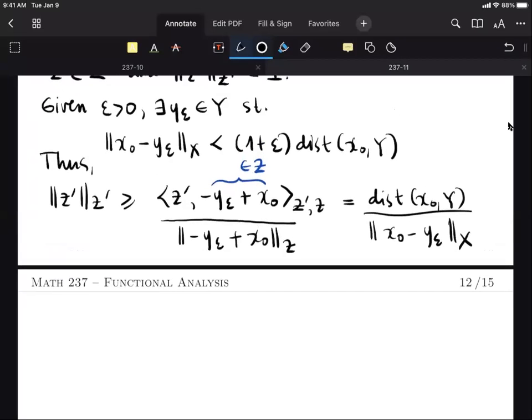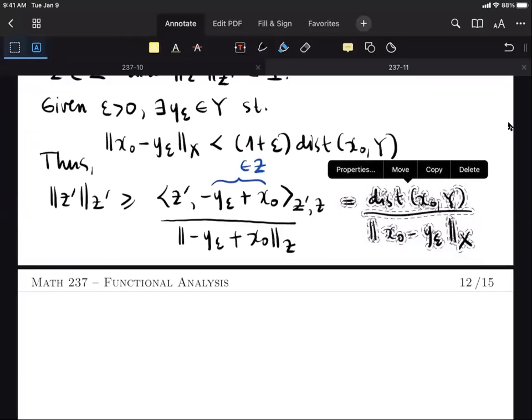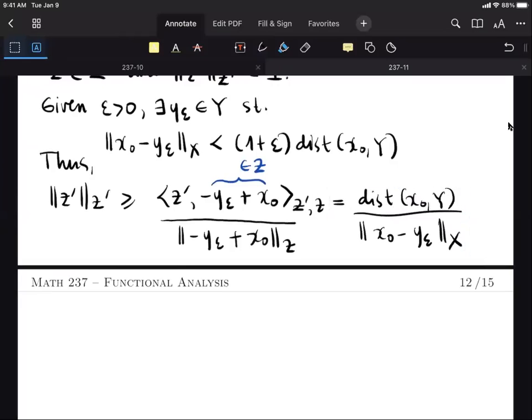And based on the previous inequality, this one is greater or equal to 1 over 1 plus epsilon.